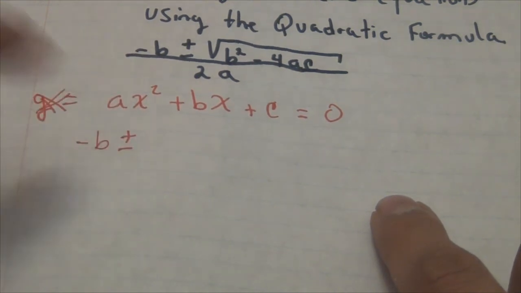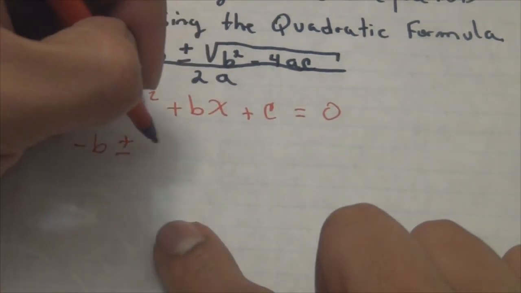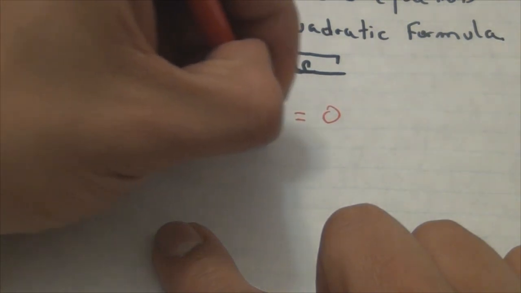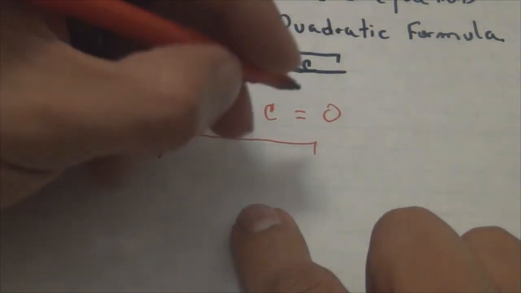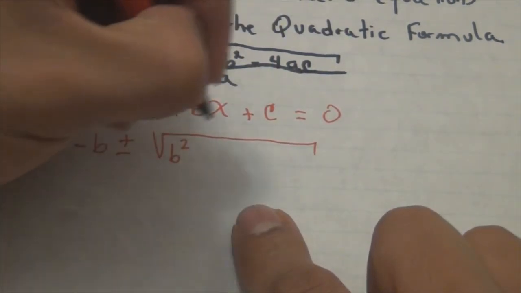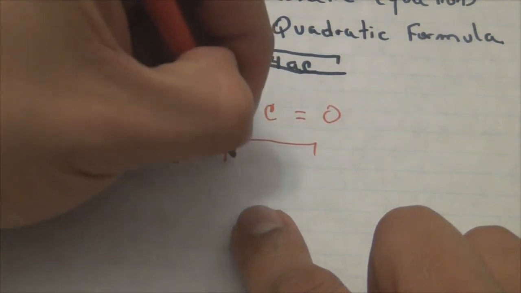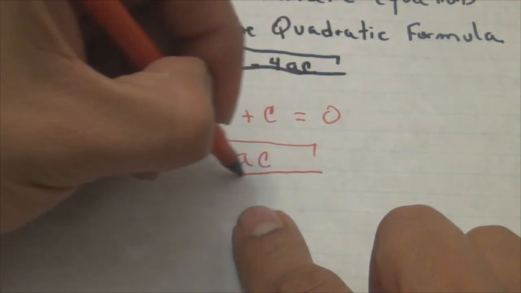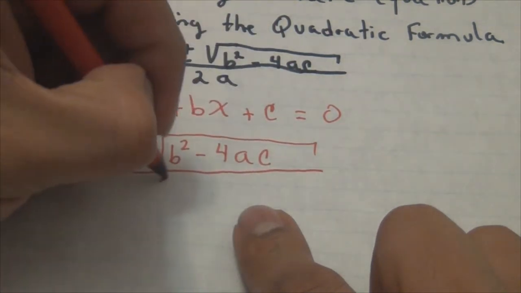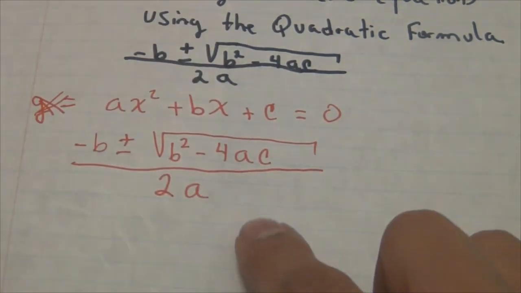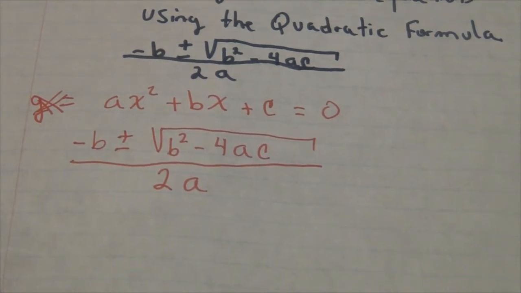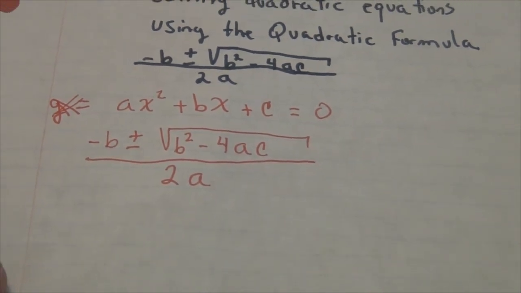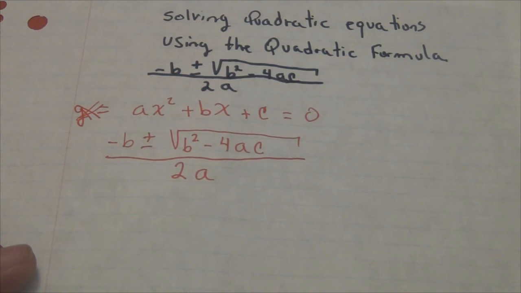So that's why we have this plus or minus. Then the square root of b squared minus 4 times a times c, everything divided by 2 times the value of a. All right, so now let us start solving equations.